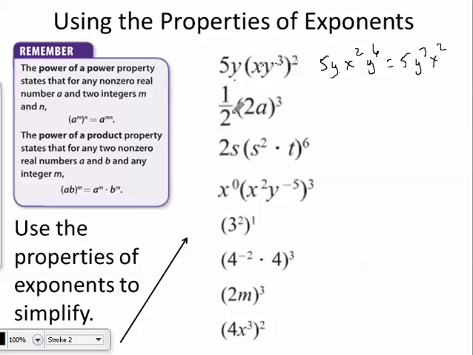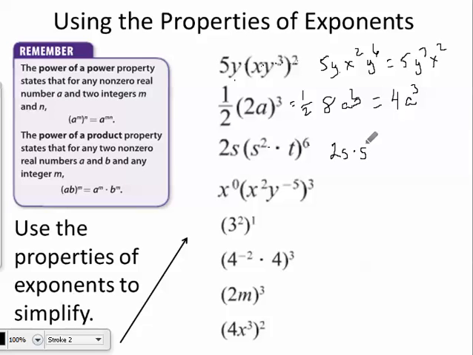Okay? Here I'm going to do this one. 1/2. 2 cubed is 8, and a cubed is a cubed, to the third power. And when I multiply 8 times 1/2, I get 4a cubed. Here I've got 2s times 6 times 2 is 12.